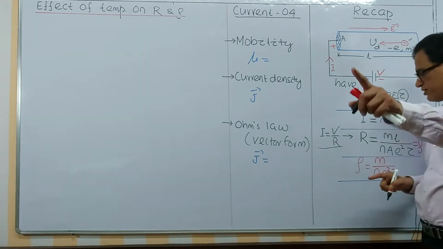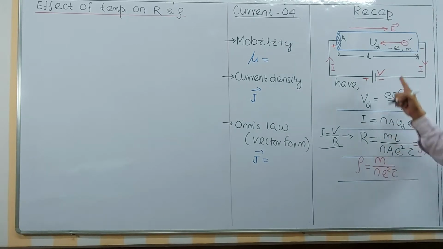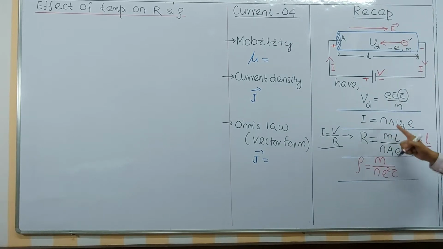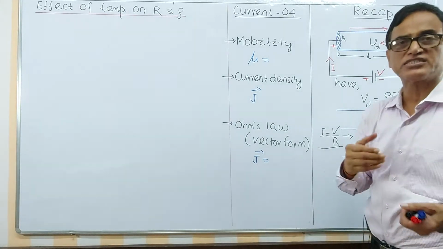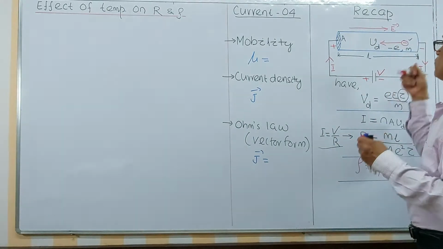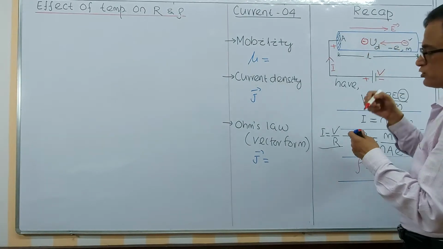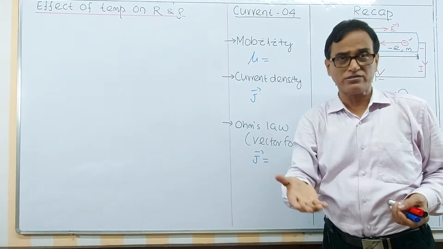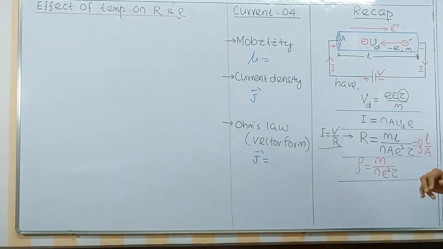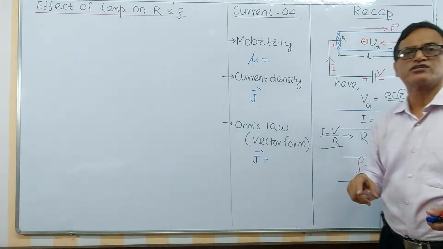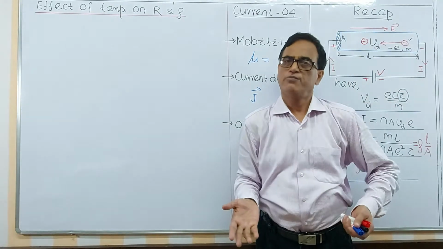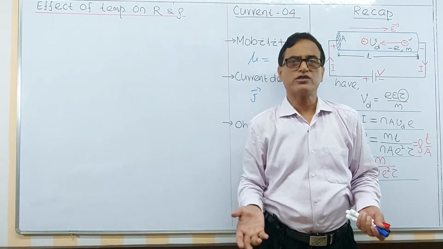Again let me recollect the terms here. m is the mass of electron, L is the length of the conductor, A is the area of cross section of the conductor, τ is the relaxation time, meaning the time between successive collisions. One electron takes some time to collide with other electrons or ions, that is the relaxation time. n is the number density of electrons, the number of electrons per unit volume, and it is different for different conductor materials.